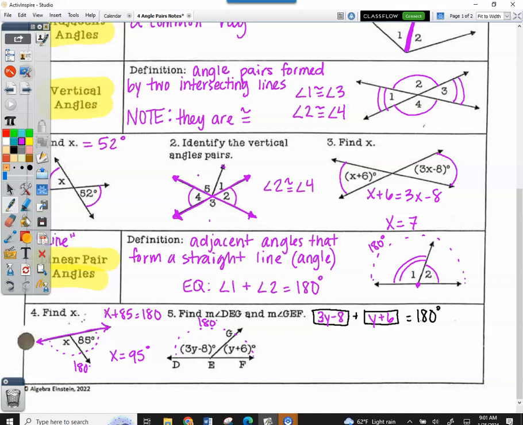If you do get a decimal, don't panic. You end up with 45.5. What do I do with the 45.5?